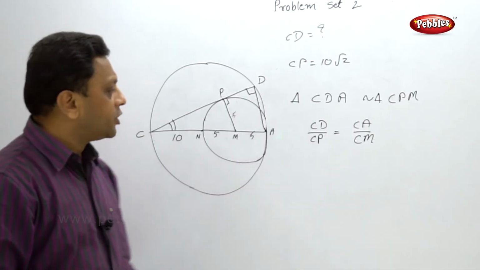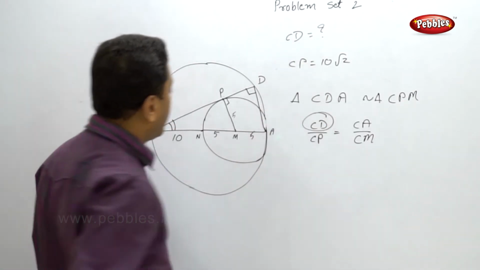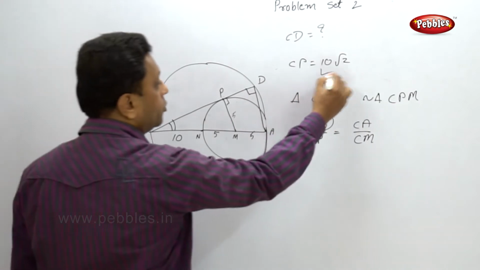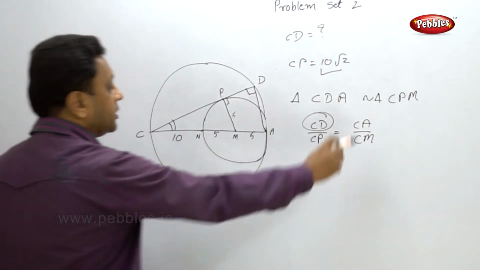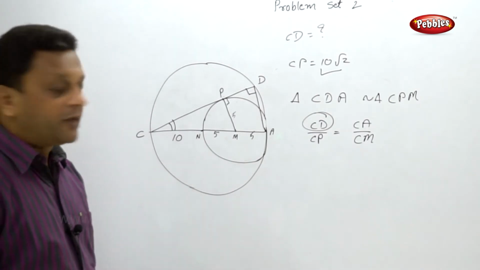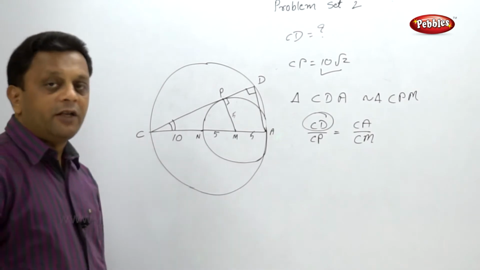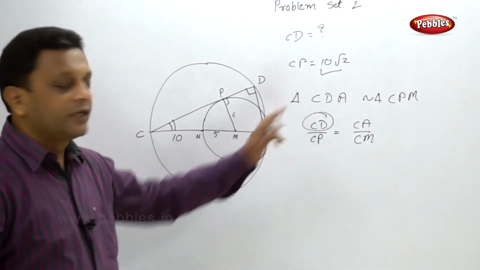So we got this relation. CD we have to find out. CP we know, 10 root 2. CA we know, CA is 20, the diameter of the bigger circle. CM we know, 15. So you can easily find the value of CD.